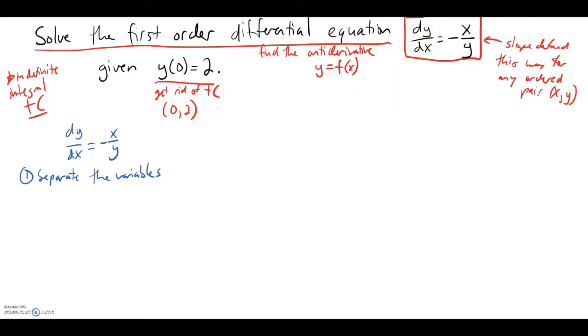And so the first step is to get everything with a variable x to one side, everything with a variable y to one side. Thinking about trying to go for the antiderivative, I can integrate something like f of x and talk about the area under that curve in relation to, or with respect to, the x-axis. Or I could integrate something like a function of time with respect to an axis that involves time.